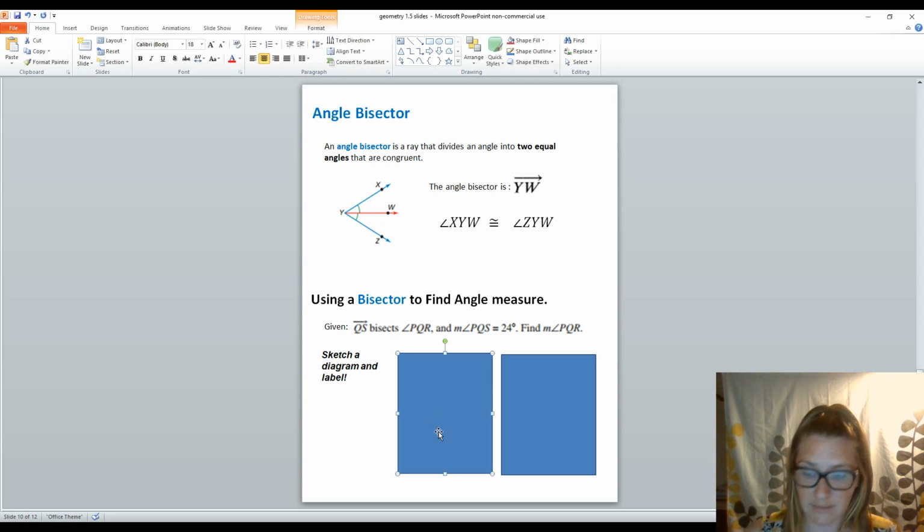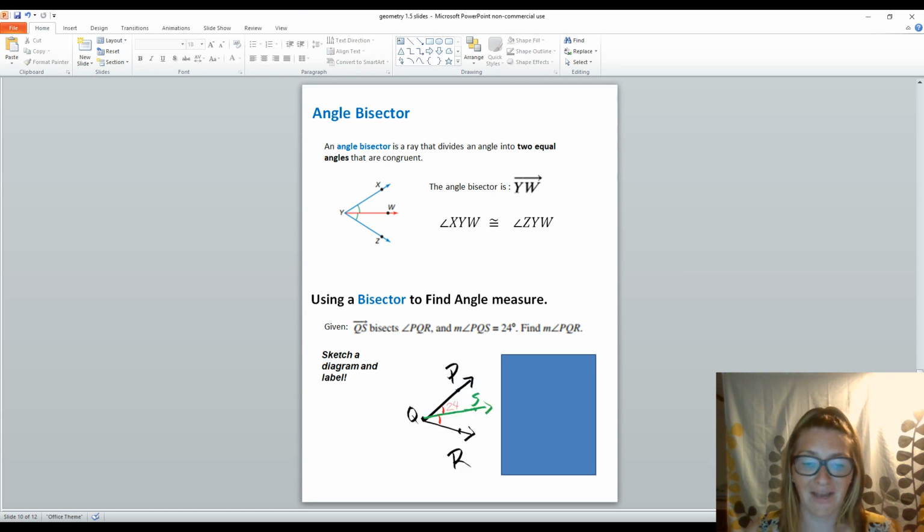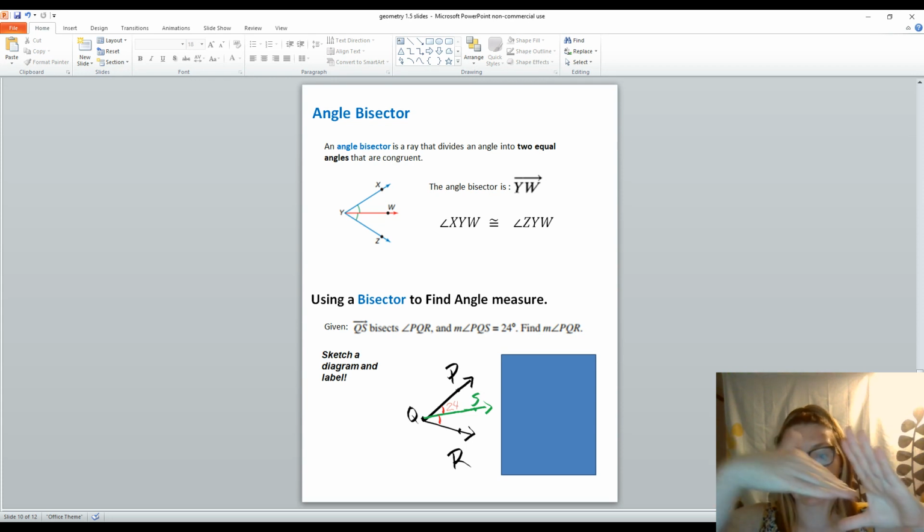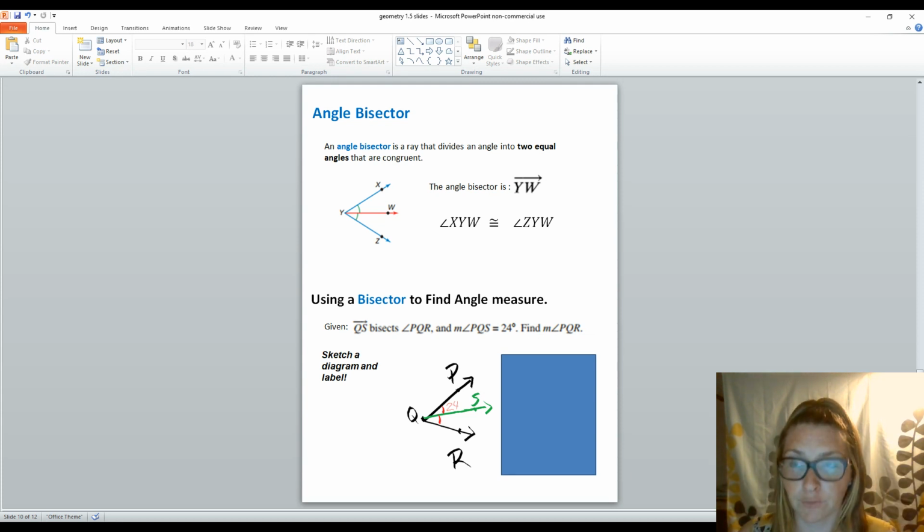All right, so here is my diagram. The large angle is PQR, and then you can see that the angle bisector is QS that I put in green, and I know that each angle is 24 degrees, so I put the 24 in my diagram. So that's what your diagram should look like.